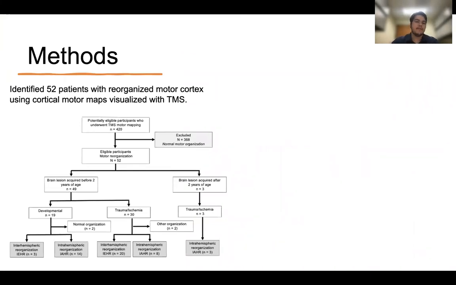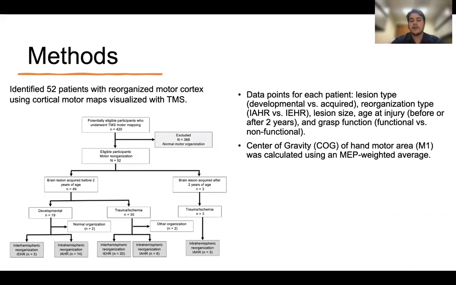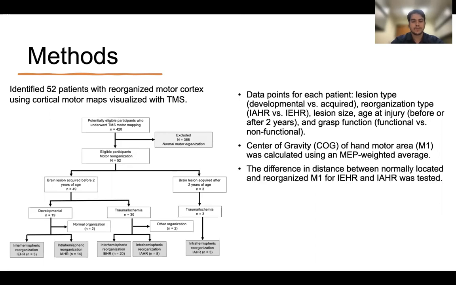So we identified 52 patients with reorganized motor cortex, and this was visualized using corticomotor maps generated from TMS sessions. We pulled different data points for each patient, namely grasp function, which was whether or not the patient could successfully grasp an object with their affected hand. We also calculated the center of gravity for each motor cortex using an MEP weighted average.